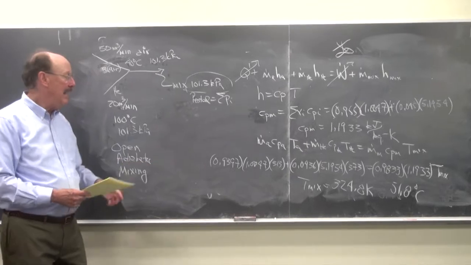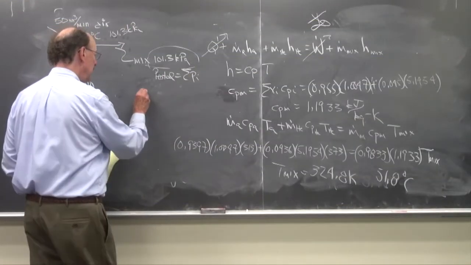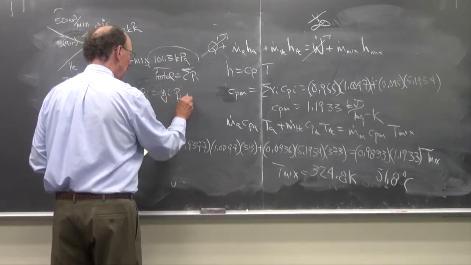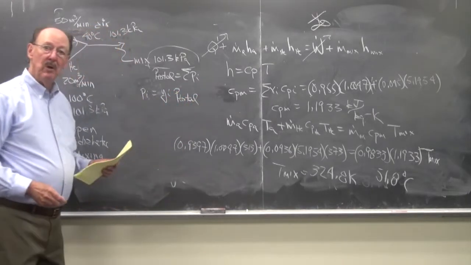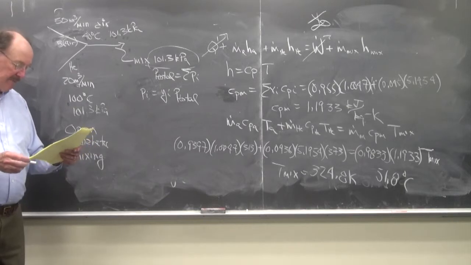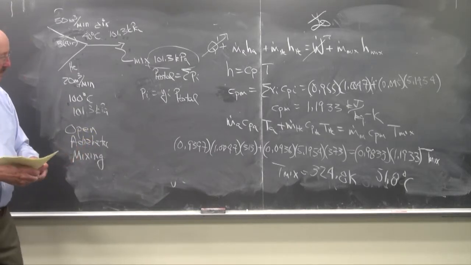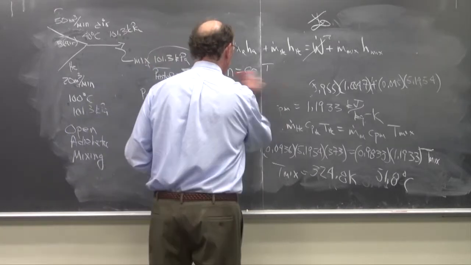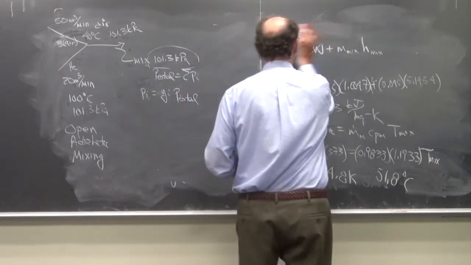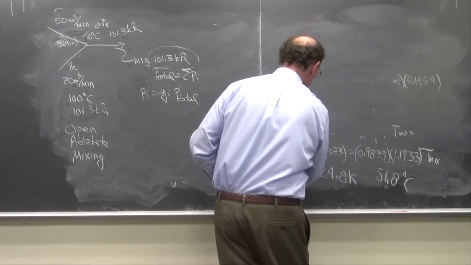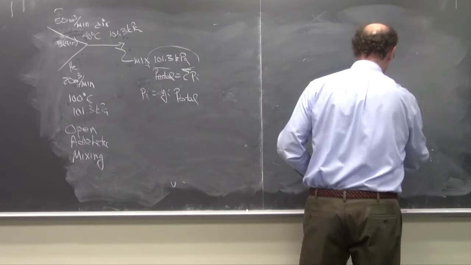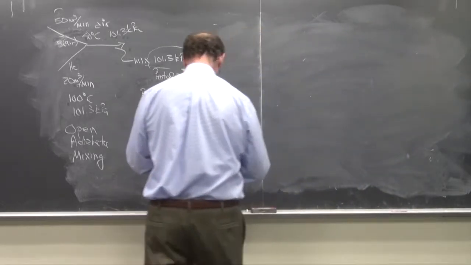And remember that Pi is equal to Yi P total. So we'll be finding the entropy production for this process, and the entropy production is the change of the entropy for each one. Sometimes one will be negative, one will be positive. We'll find out what happens.